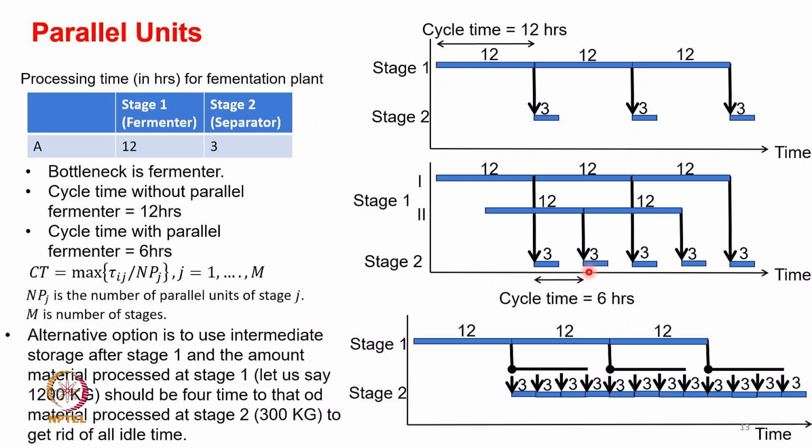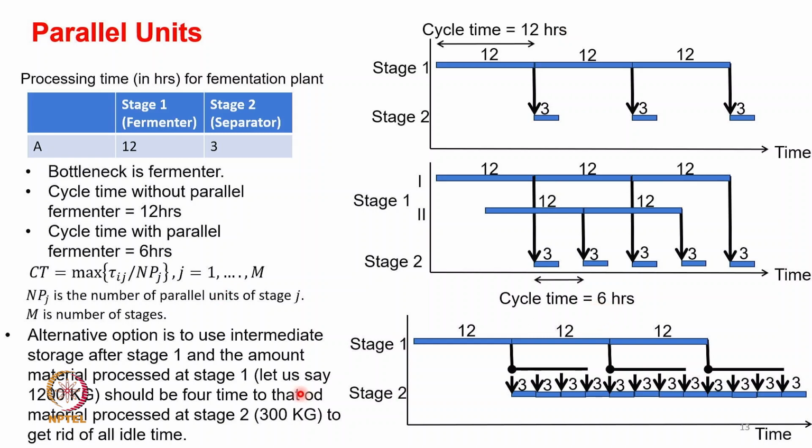So now the total cycle time would be 6 hours. Cycle time in this context is typically calculated as tau_i divided by n_pj, where n_pj is the number of parallel units, m is the number of stages, and tau_i in this case is 12. 12 divided by 2 is 6. That's what is coming over here.